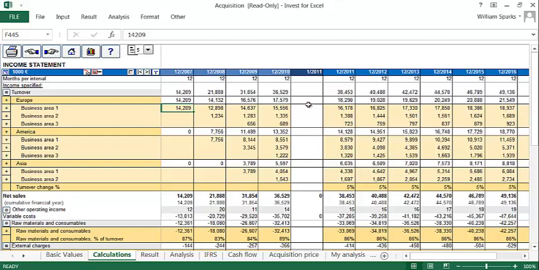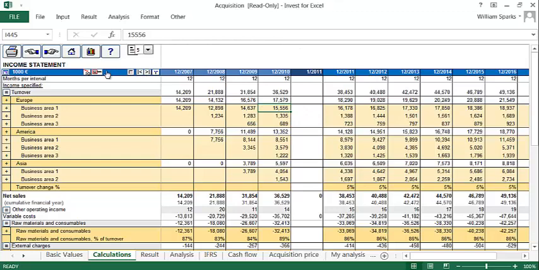And now we have historical numbers, and we need to make a projection forward for how sales per business area will develop. That's simple. You just have some view of how it will develop. Let's say you select Europe business area 1 in 2010, this 15,556.